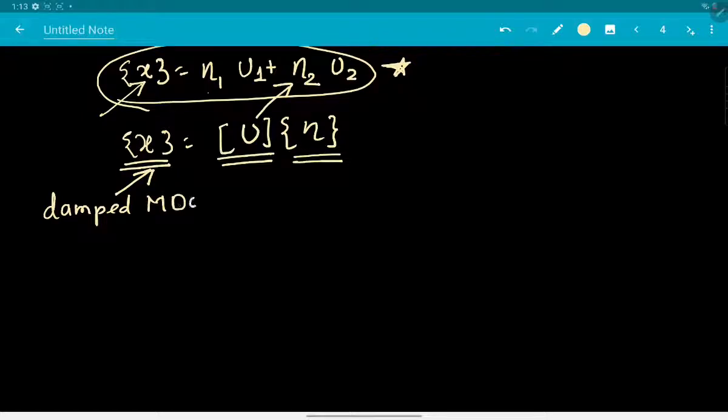MDOF system which is under forced or external excitation.